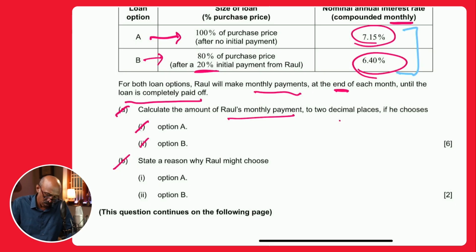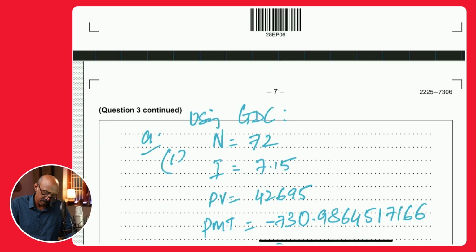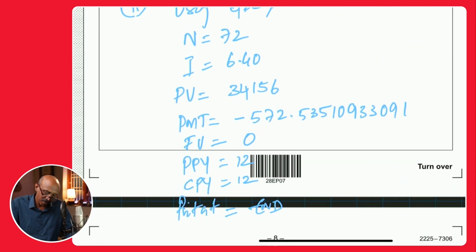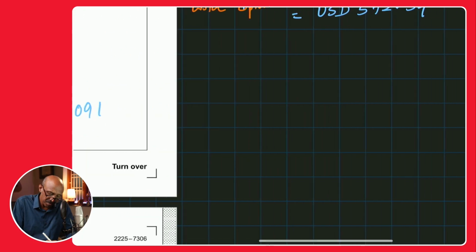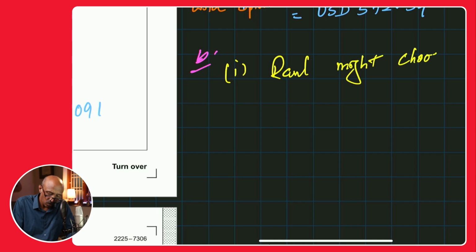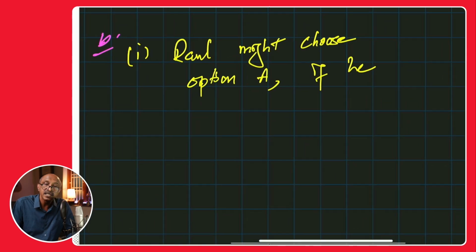All right, so this is B, I believe. So where am I going to write that? I'm going to write it here, B, and I'll write the answer in another color. Raul might choose option A if he does not, is my sentence clear?